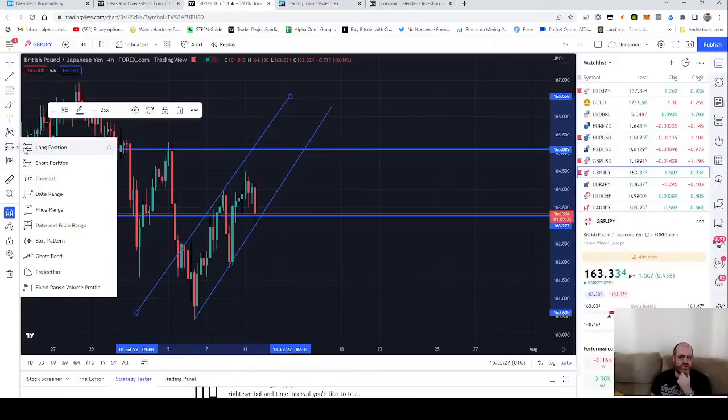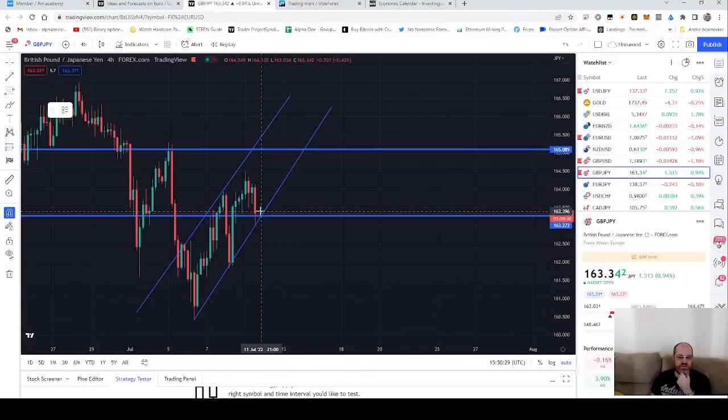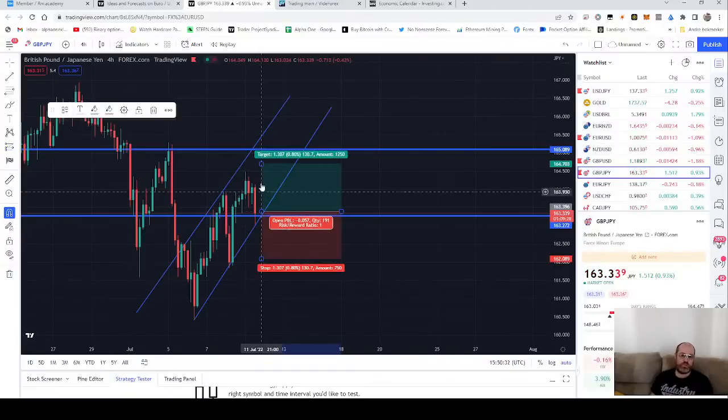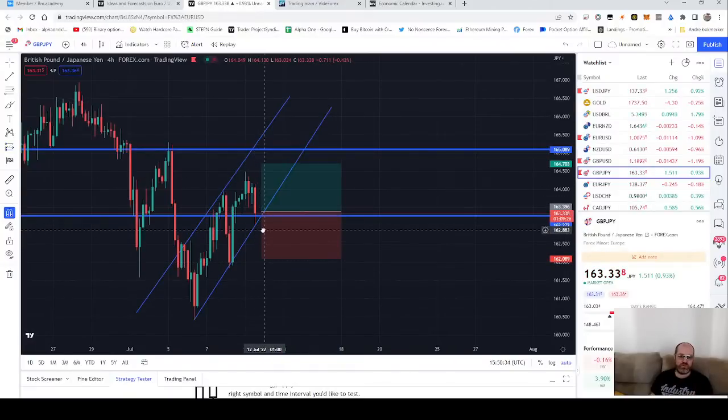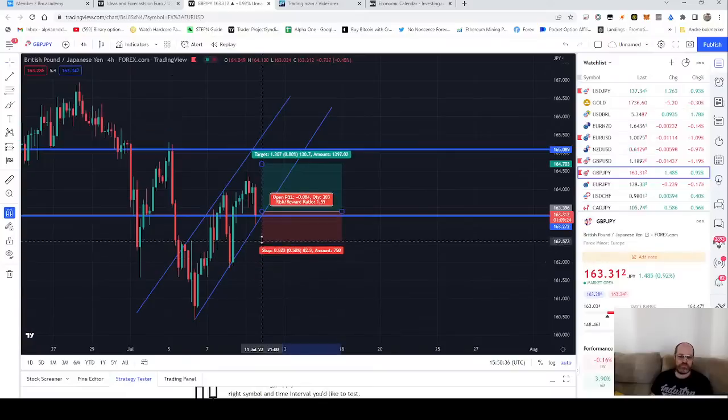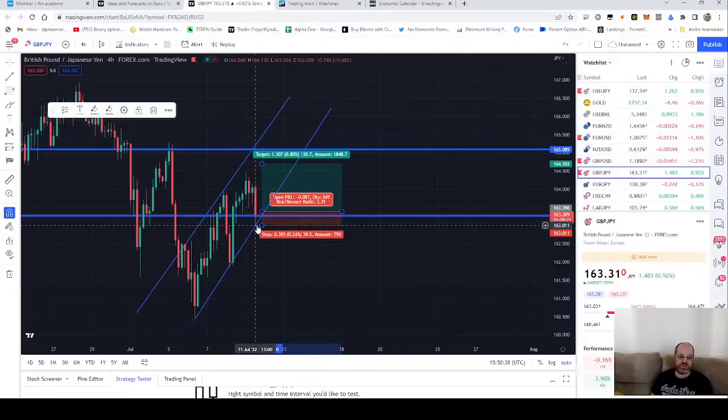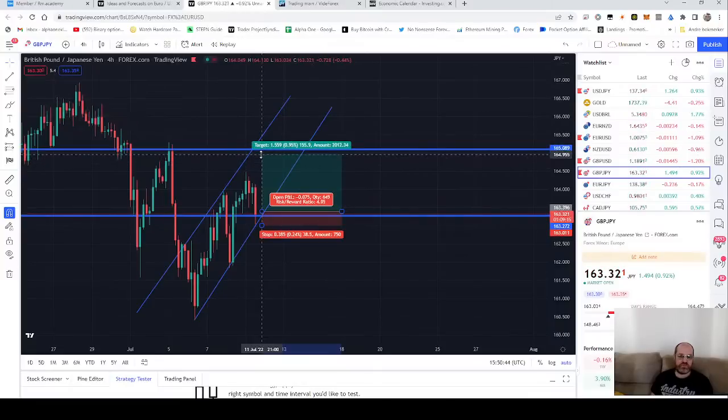We can open it. Let's say we close around here. We open it. We take a stop loss just below the spike you see here, and we can target basically the resistance zone up here. So here we are looking for, if we lose $1, we are gaining $4 for a win.